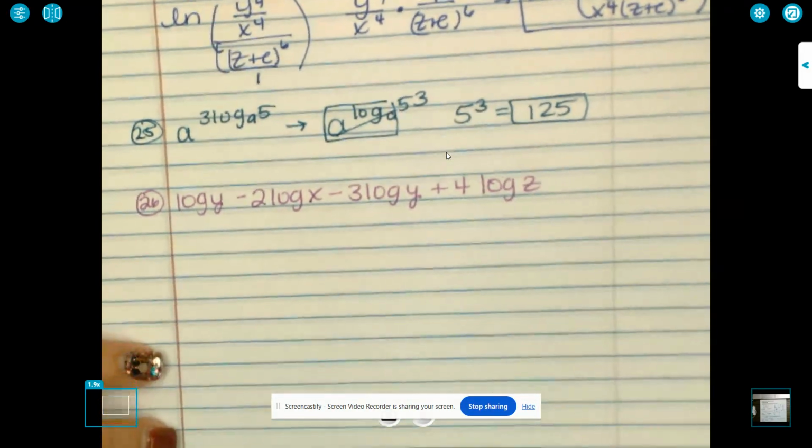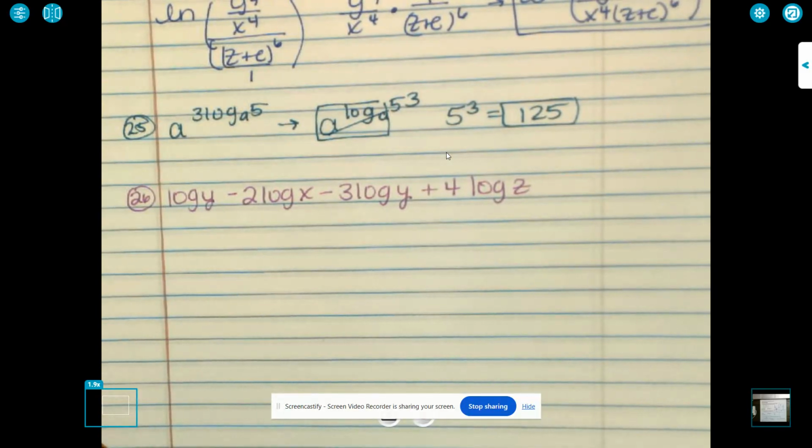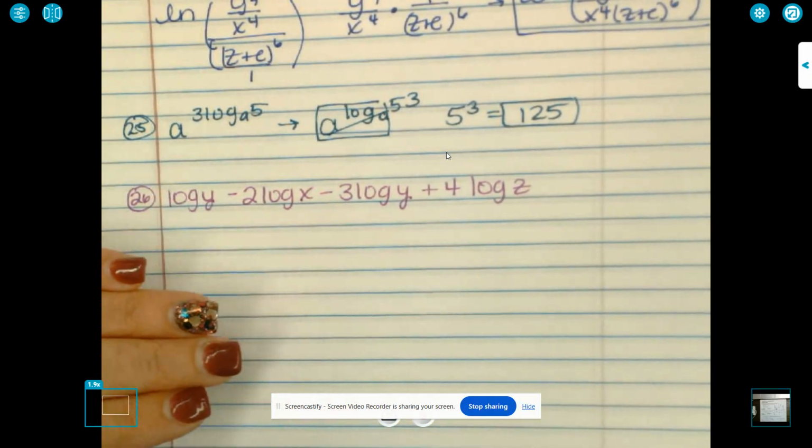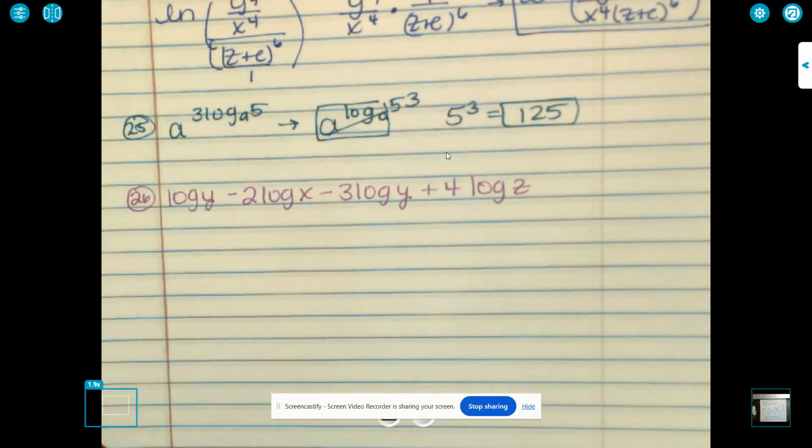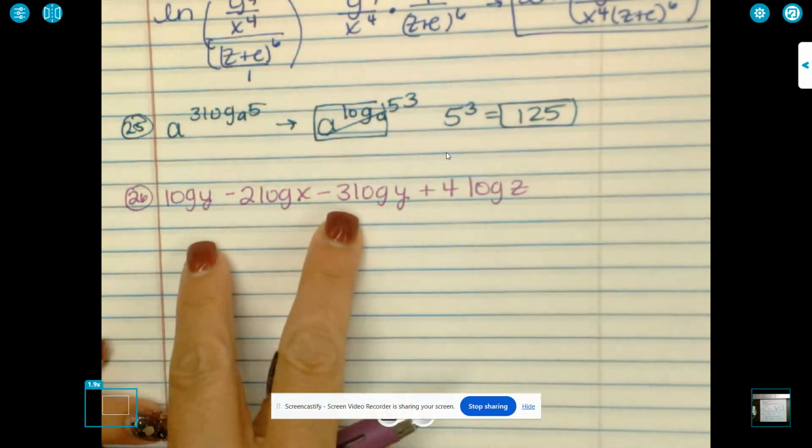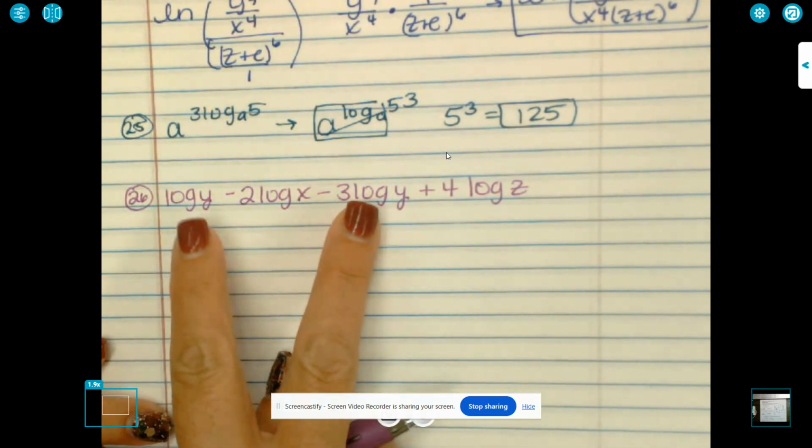There's a couple ways you can tackle this. If you do it the long way, which will be individual, you're going to end up having a log y in your numerator and a log y cubed in your denominator, and they're going to simplify. You could also, which is the way I'm going to show you, go ahead and combine log y minus 3 log y in the beginning.